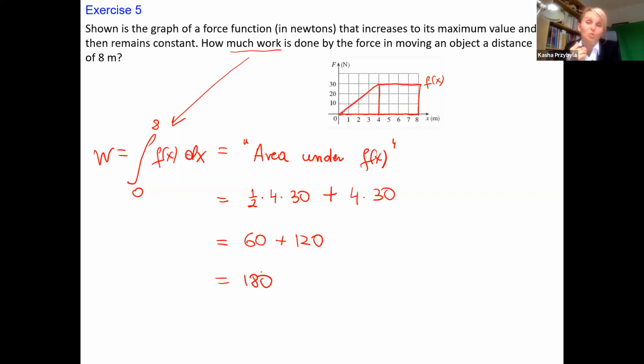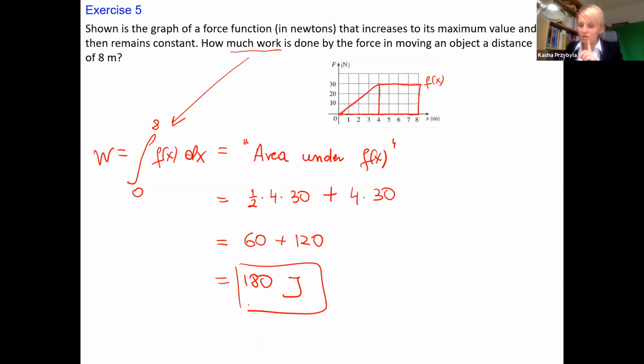Can you tell me the units? This work will be in joules, yes, because it's metric. Perfect. At least I want you to know how to compute the work. We can have complicated questions, but this could also be tricky.